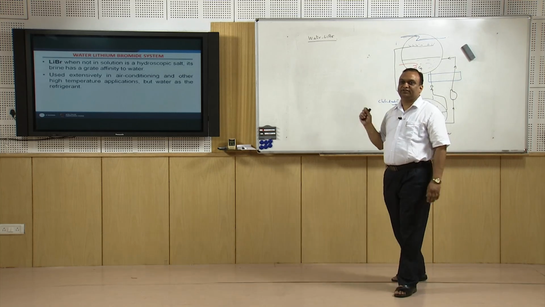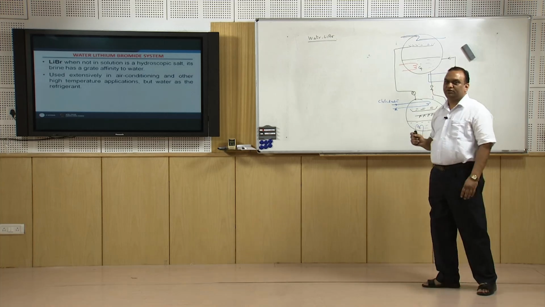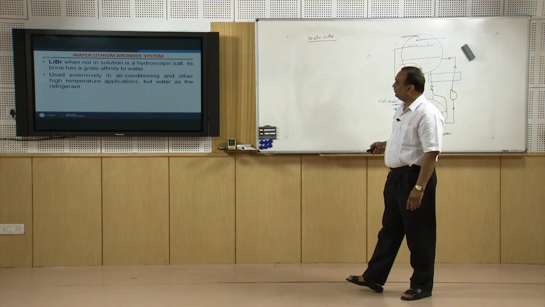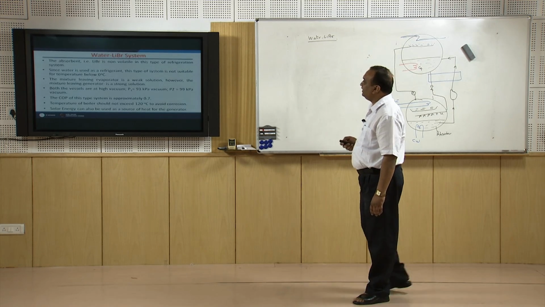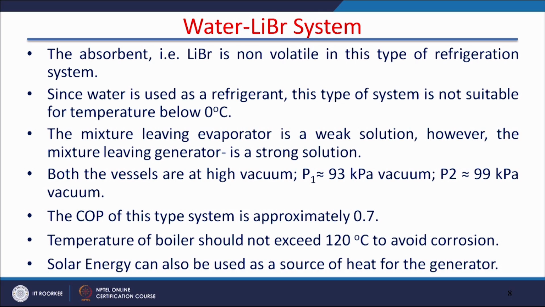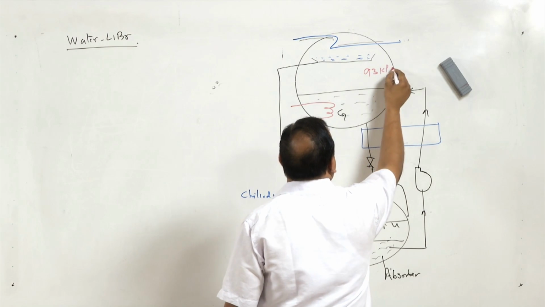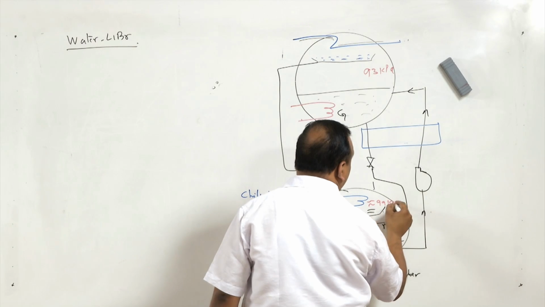Now, the limitation of the system is that because water is a refrigerant, it should not be operated below 0 degree centigrade, so this system is not useful for operation below 0 degree centigrade. But for high temperature applications, it is extensively used. And the pressure inside the vessel, here the vacuum is approximately 93 kilopascal, and here the vacuum is approximately 99 kilopascal.